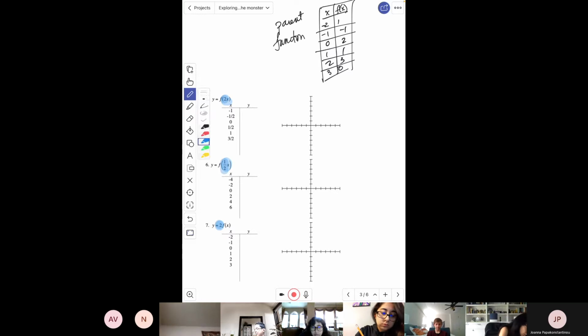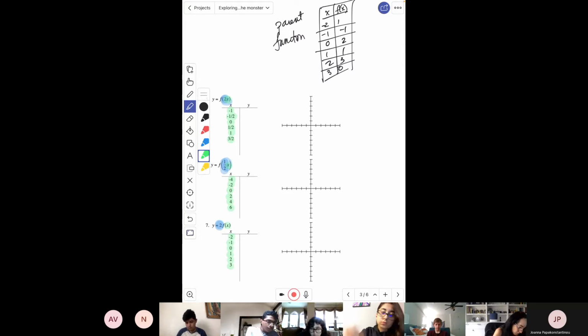Let's see if we can get those table of values, go through the same process. You're just substituting in these x values for x, seeing what the new function we're evaluating is. Here we're taking these x values, we're substituting in for x.